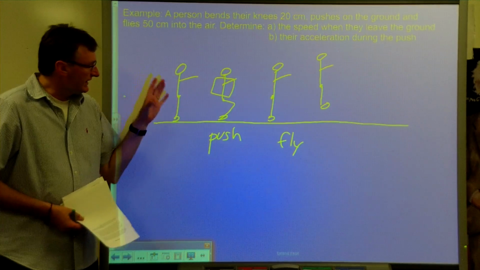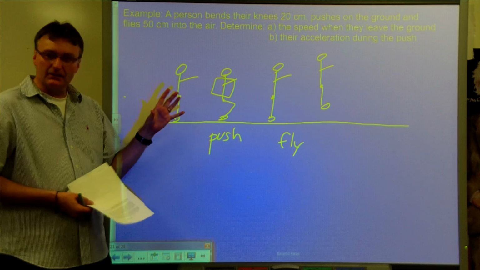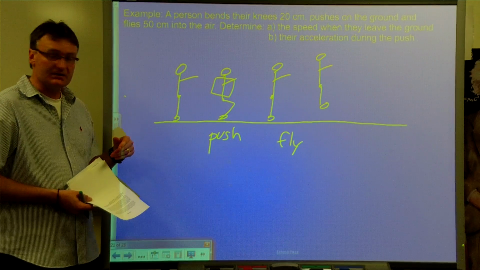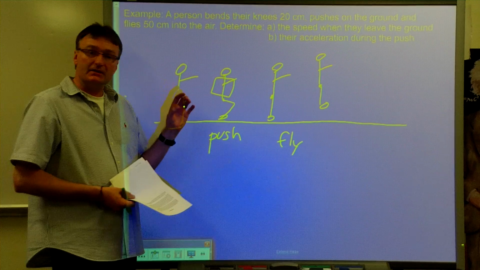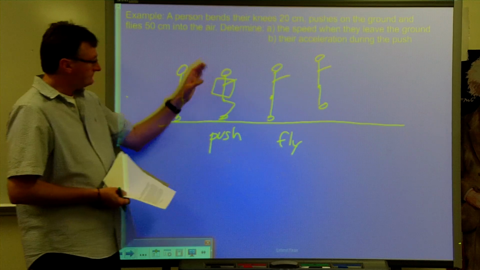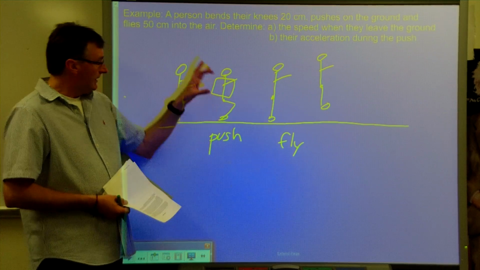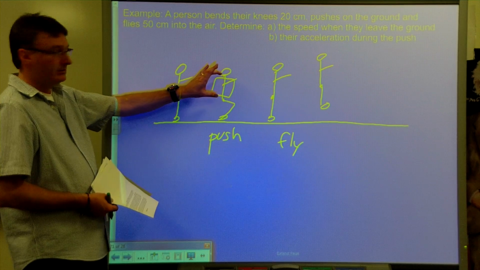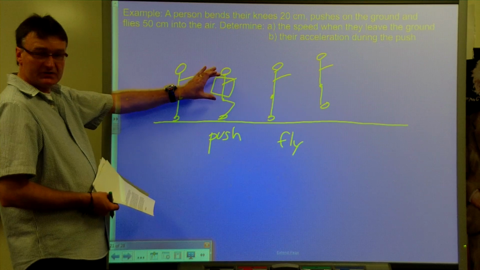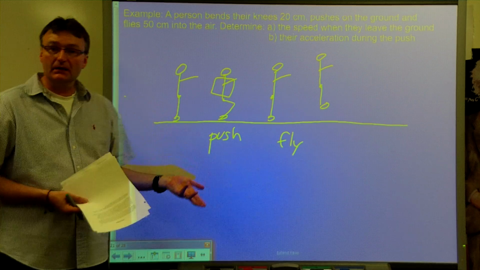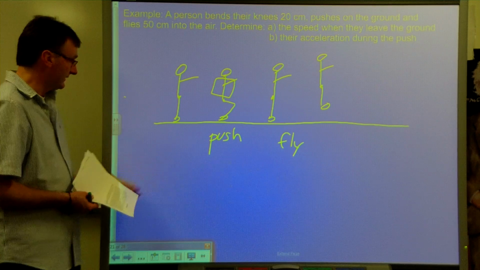Now it's a little tricky to think about exactly what's going on in these situations in terms of solving these kinds of problems. The best thing to do is probably to not worry about what's happening to the legs of the person, but just focus on the torso of the individual. If you focus just on this section of the person, then it's a little easier to deal with.